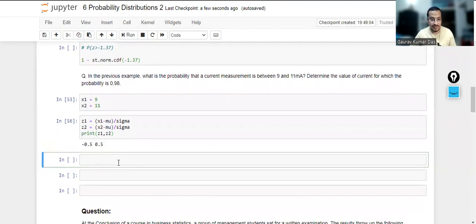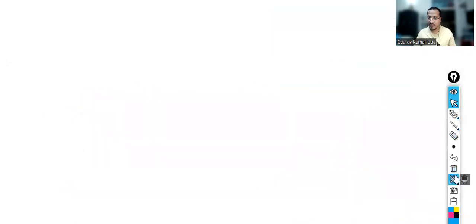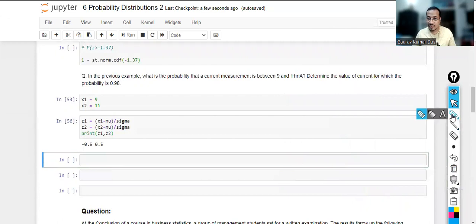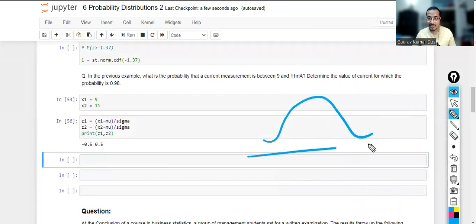Minus 0.5 and 0.5. Great. So I think I can easily explain this. If I have this curve, minus 0.5 and 0.5, this is 0, right? 0.5 will lie somewhere probably here, and minus 0.5 will be here. Correct? This region they're asking.